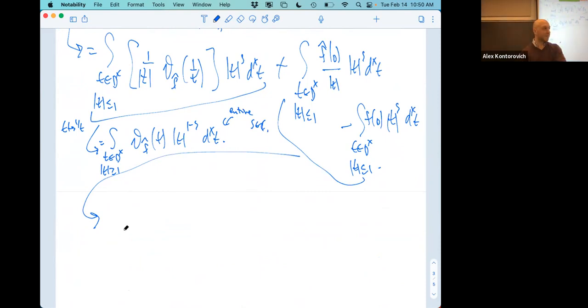So far, so good. Okay, f hat of 0 is a constant. I have a product here. This is not an integral over all of the adeles like we had before. This is an integral just over this fundamental domain. So let's break it up. It's an integral in R. The integral in R goes from minus 1 to 1, I guess.